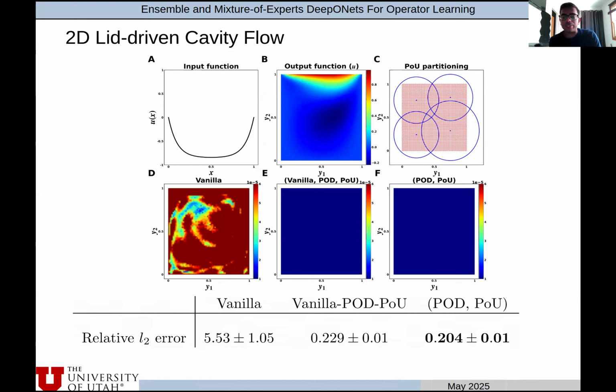And just to show as an example here, we picked patches that were not of uniform sizes. So that is an advantage of this technique that one can place patches of different sizes in features that are more interesting. And while we had the same hyperparameters for all the individual trunk networks on these spatial patches, they don't have to be. One can use different activation functions or different neural network architectures or other hyperparameters for each of the individual trunk neural networks.